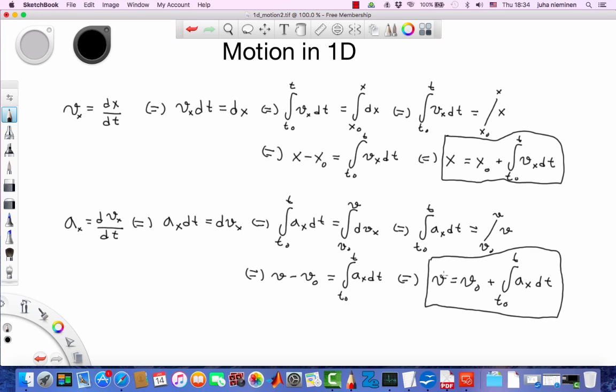And now that we know the velocity the whole time, this is, by the way, in the x direction, of course, like this. Now we know the velocity, we can plug it into this formula, and now we integrate over time again. And by knowing our location to begin with, we get our location at any given time.